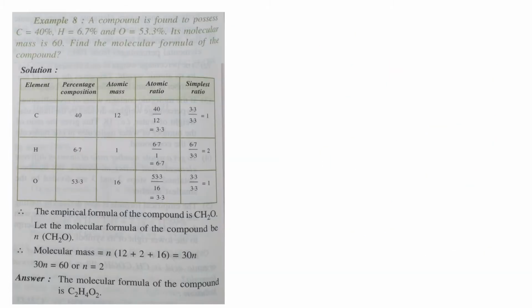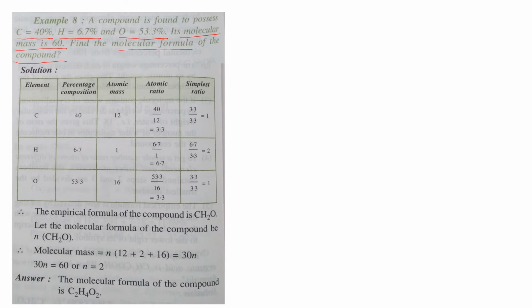Now see, in this question, a compound is found to possess carbon 40%, hydrogen 6.7% and oxygen 53.3%. Along with that, its molecular mass is also given as 60. So find out the molecular formula of the compound. As the percentages of the elements are given, that is carbon, hydrogen and oxygen, we can find out the empirical formula from this.